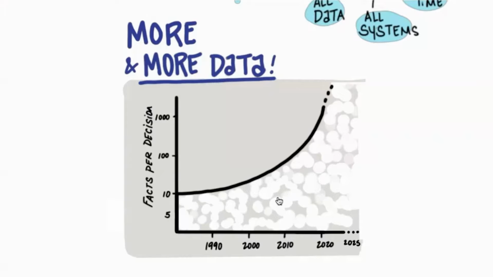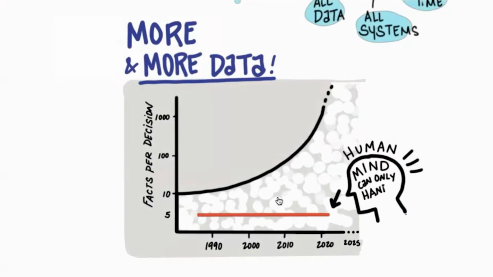Not all decisions are complex, but I would argue that all of the decisions are getting more complex. So the limitation here is that the human mind can handle 5 facts in making a decision. And that hasn't changed.